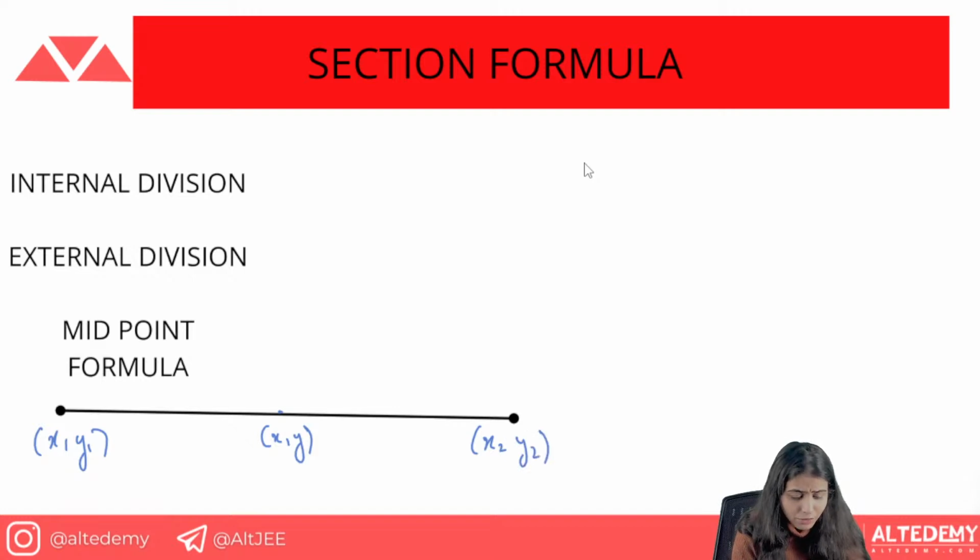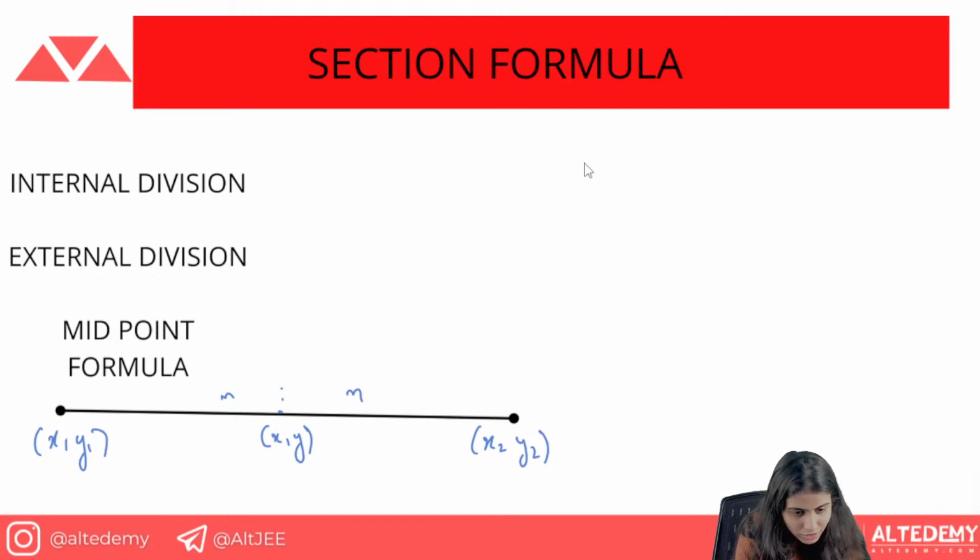Okay, so now we have these ratios. These ratios are m and n. So the ratio has been divided into m is to n, and that is known as internal division. When the point comes on the line segment, that is, it is not lying outside of that line segment, that is known as the internal division. So what is the formula here?